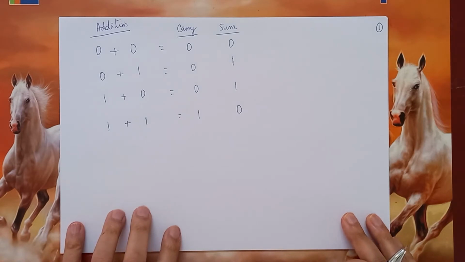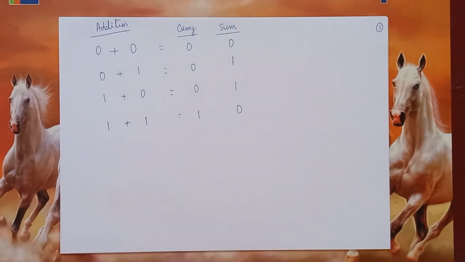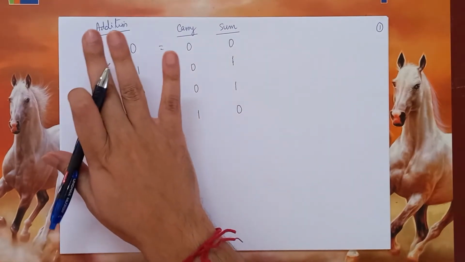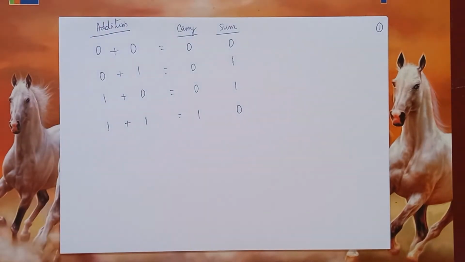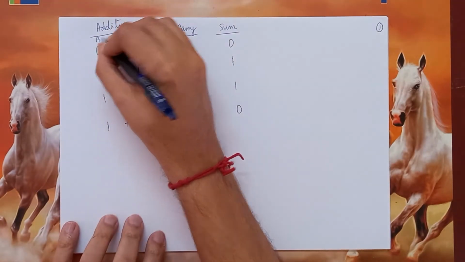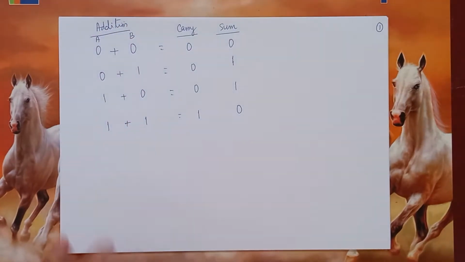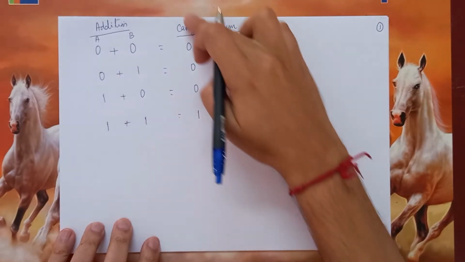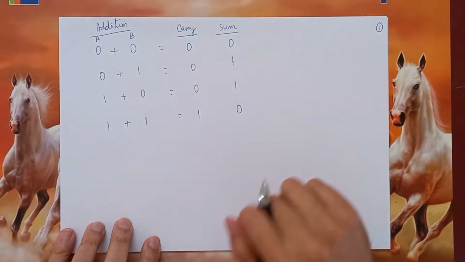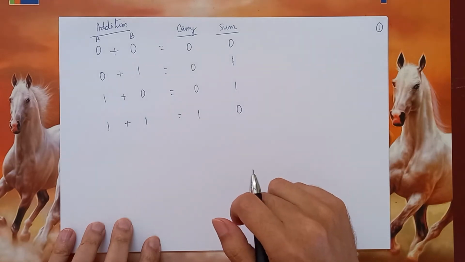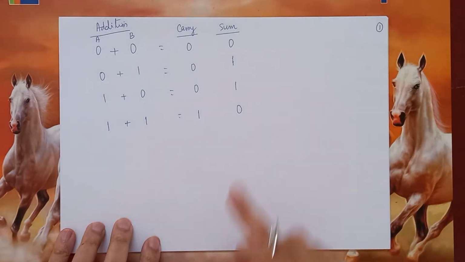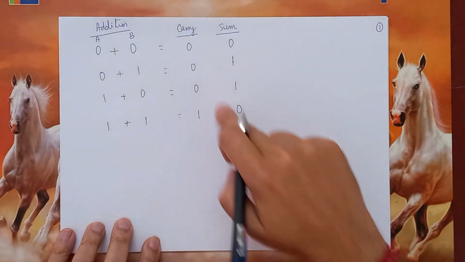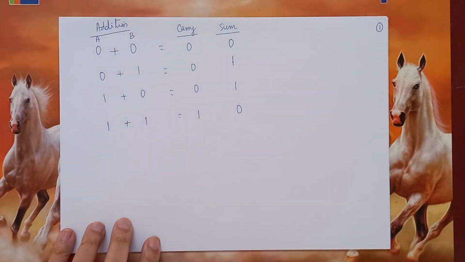Now, something to note very interestingly is if you were to picture this entire thing as a truth table, let us say this bit I call A, this I call B, then the carry column resembles an AND operation of A and B, and the sum column represents an XOR operation.